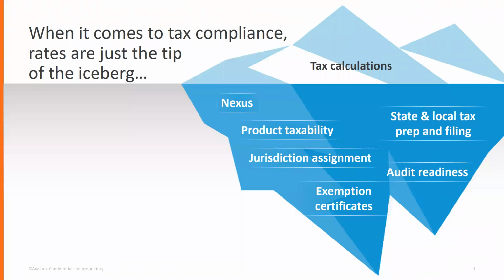There's also product taxability. So let's just say you have a portfolio of 5 or 10 products. It could be that in some states those products are non-taxable because of what they are. You could also have exempt customers because of who they are. So there's a lot more that goes into being tax compliant than just loading a rate into a screen, which is what maybe a lot of you are doing now in Limelight.